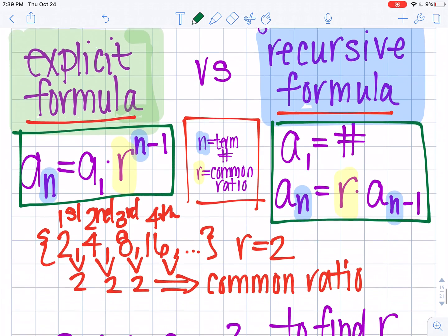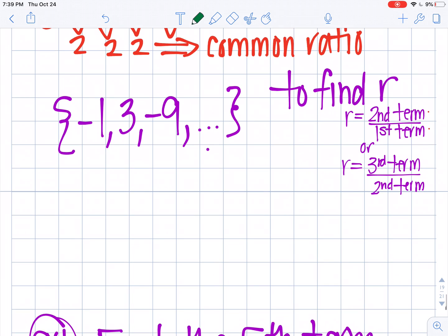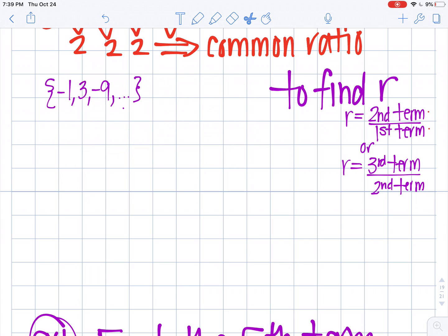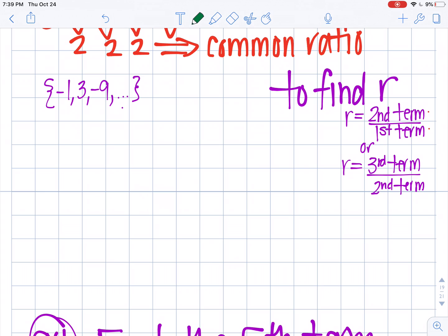So let's just review how to find the common ratio with this set of numbers. I have my set of numbers right here. I have -1, 3, -9. And I'm going to say, okay, I want to find my common ratio.